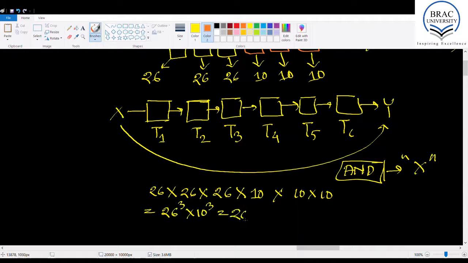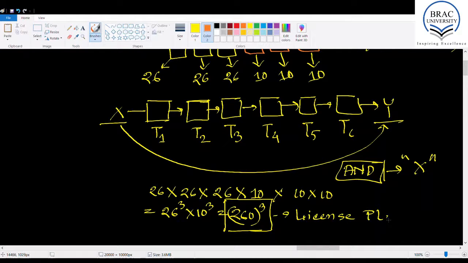That means briefly 260 whole cube. So there are total 260 cube different ways in which we can travel from X to Y. It means there are total 260 cube number of license plates in which these conditions are followed.